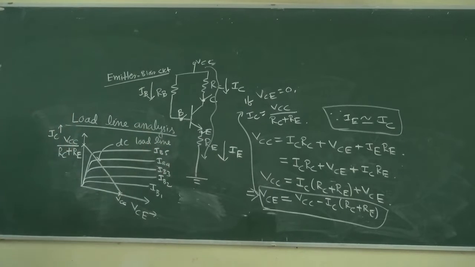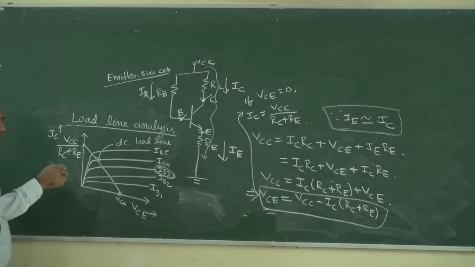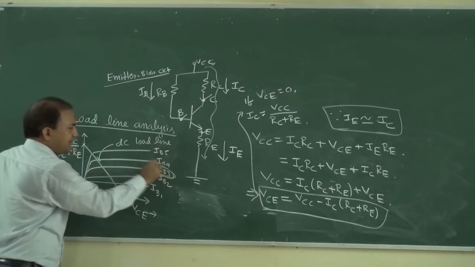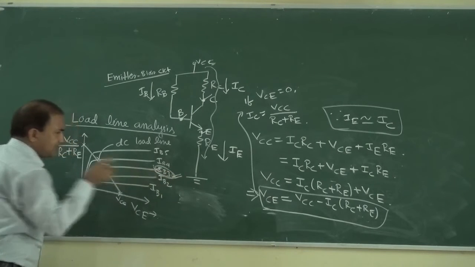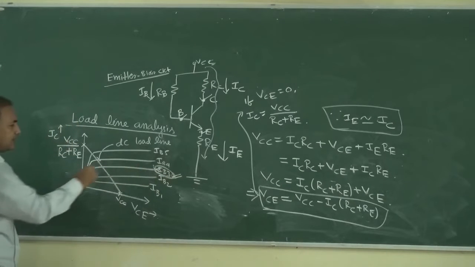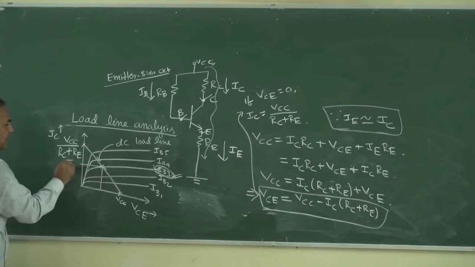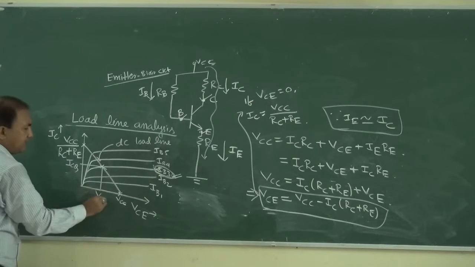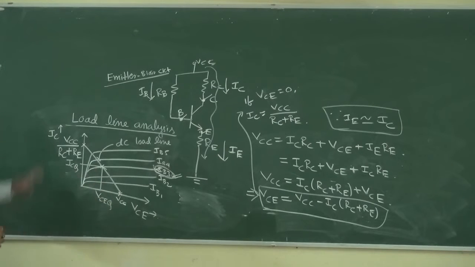How can we determine the Q point? By selecting IB, we can determine the Q point. Suppose IB3 is the desired value of IB current. So the Q point is like this. The value of ICQ and the value of VCEQ can be determined from this load line.